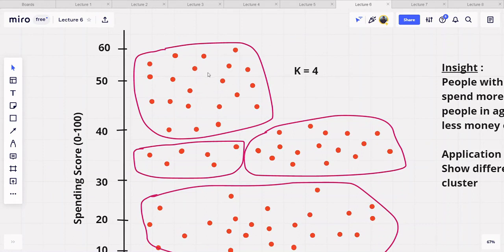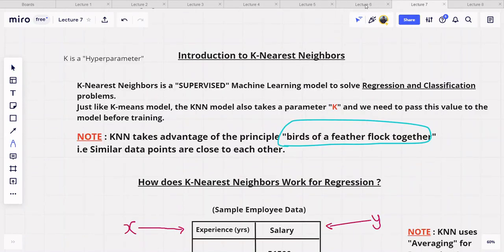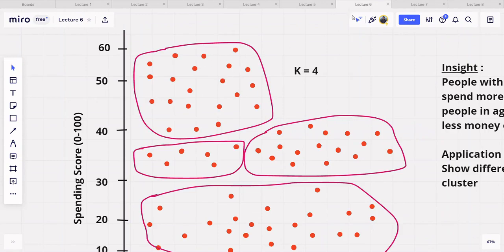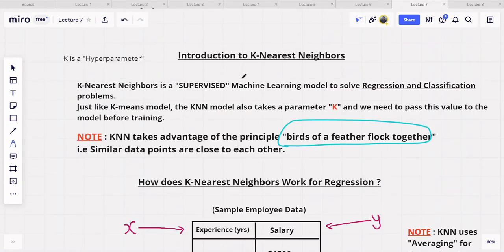So values belonging to one particular group or cluster are very similar to each other. Now k nearest neighbor takes advantage of this principle. So let's see how we can use a KNN algorithm for a regression or a classification problem.